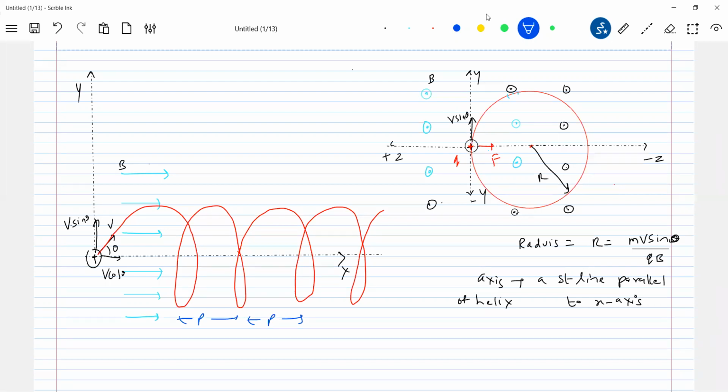So B bar is uniform and it will be directed here, and the path is what you call a helical path. Whenever there is a helix, it's like a spring, similar to a spring. So the axis of the helix is not the x-axis, it's a straight line parallel to the x-axis here.